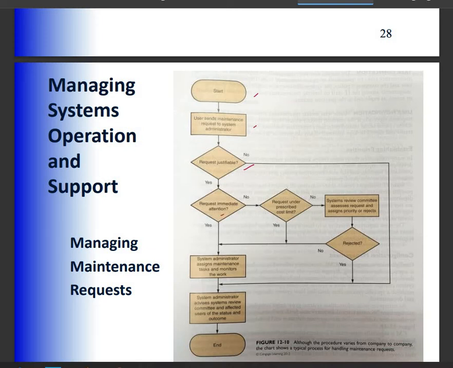Kalau yes, apa kita nak kena buat? System administrator akan assign the maintenance task and monitor the work. Sekiranya not having the immediate attention, adakah kita nak request under prescribed cost limit? Kan dia akan ada dia punya yes dengan dia punya no.